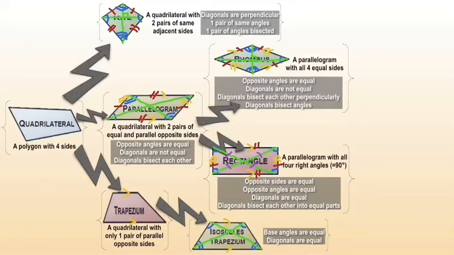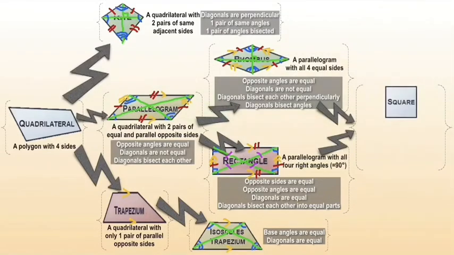So now the last one we are going to look at is a combination of rhombus and rectangle. So it is a square. A square is a parallelogram with all four equal sides and four right angles. Which means that four equal sides is from the rhombus, four right angles is from the rectangle.